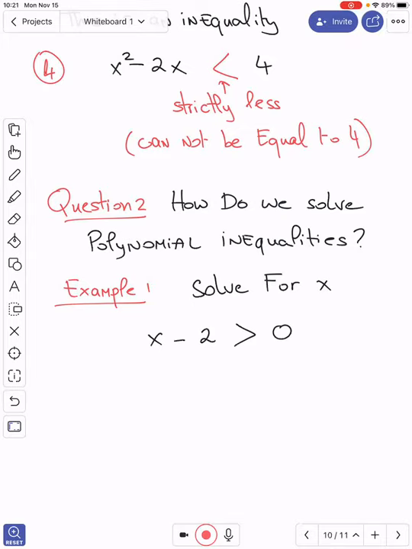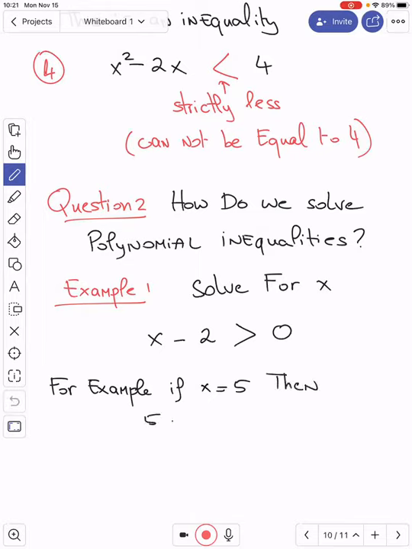So for example, if x is, let's say, 5, then if you just replace x by 5, then 5 minus 2 is larger than 0, right?